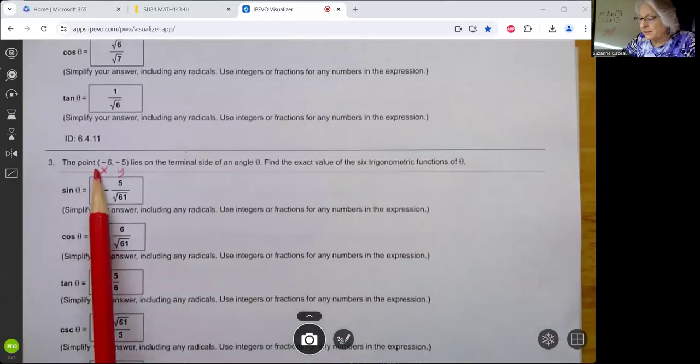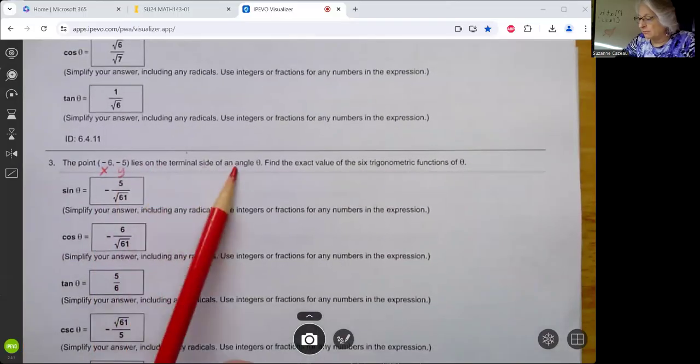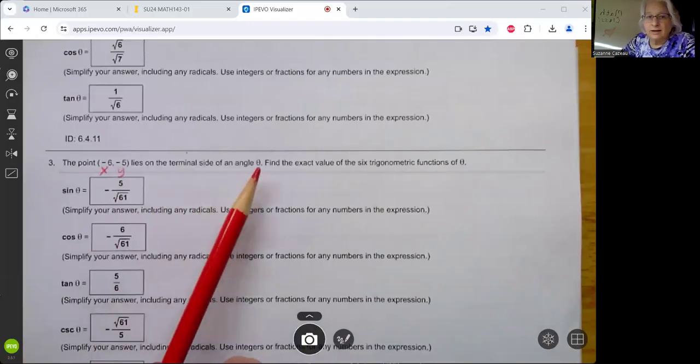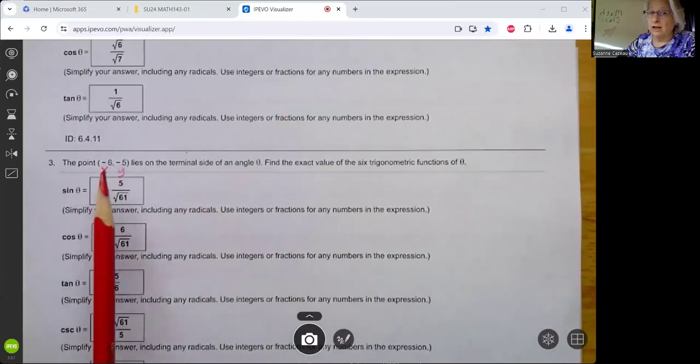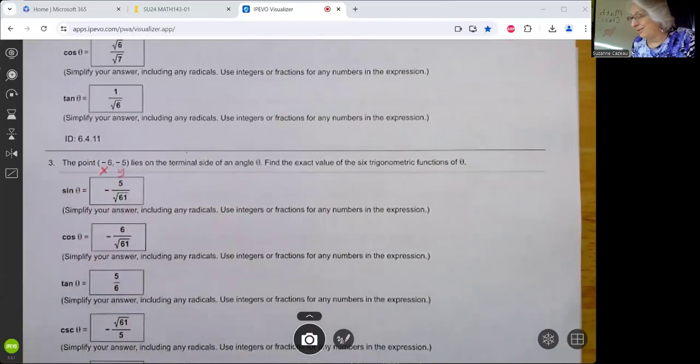The point -6, -5 lies on the terminal side of an angle theta. Now you know, because the x and the y are both negative, that you're going to end up in the 3rd quadrant. But you don't need to worry about that. Just draw your triangle and leave the negative signs where they are.